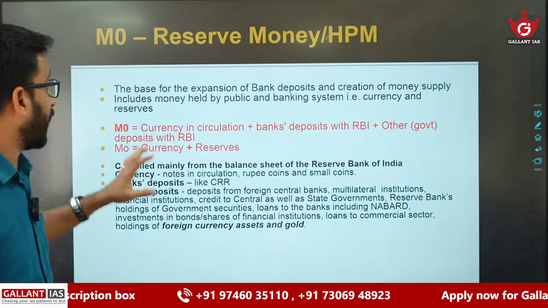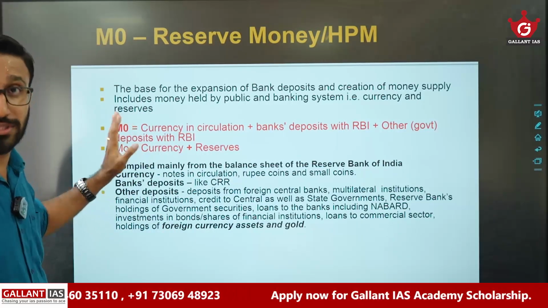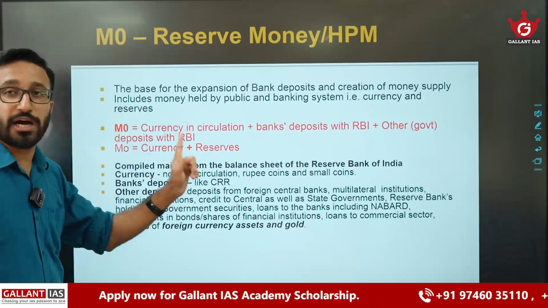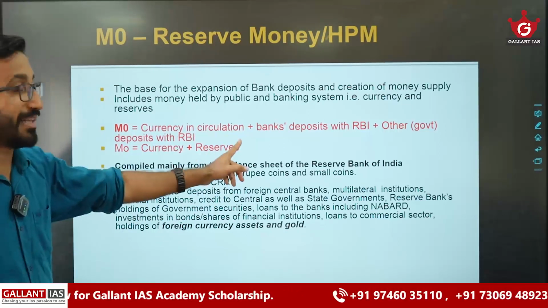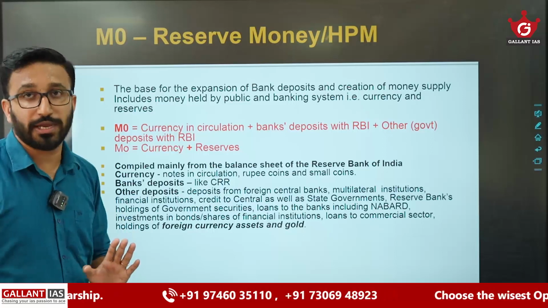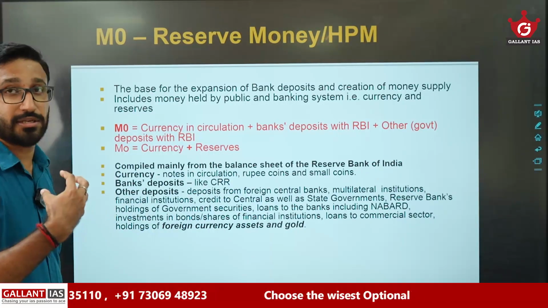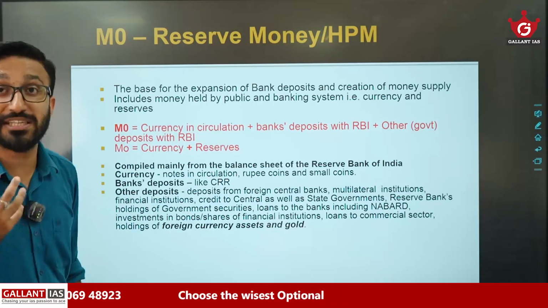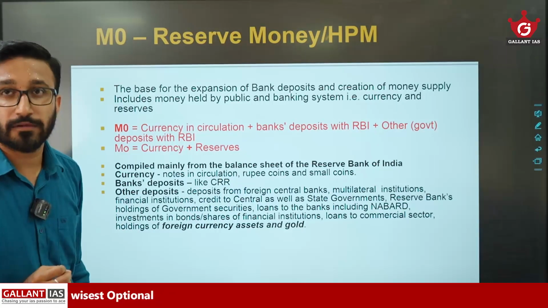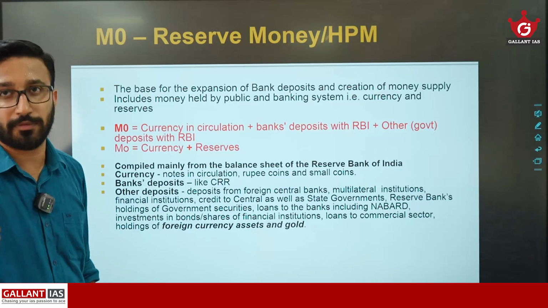And what all is included in this reserve money? Take a look. M0, which is high powered money or reserve money or monetary base, includes currency in circulation plus banks' deposits with RBI and other deposits with RBI. Basically, this shows the balance sheet of RBI, right? Currency in circulation is a liability of the RBI.